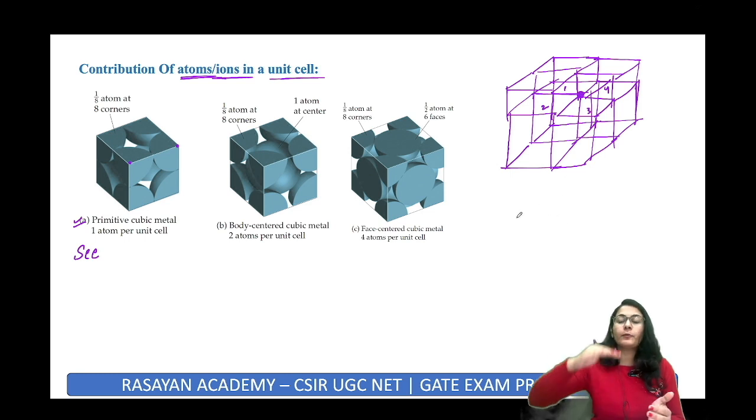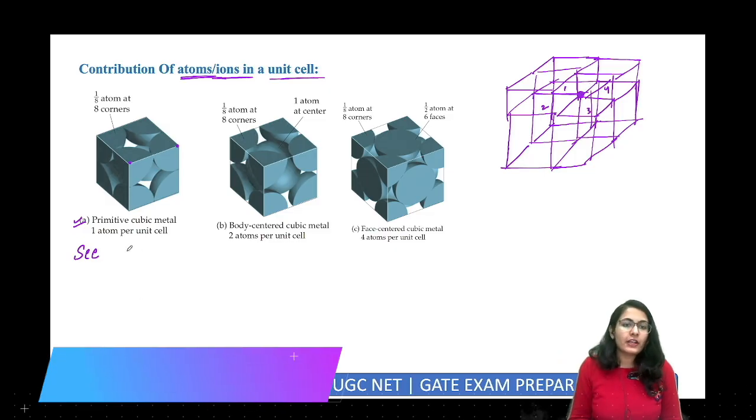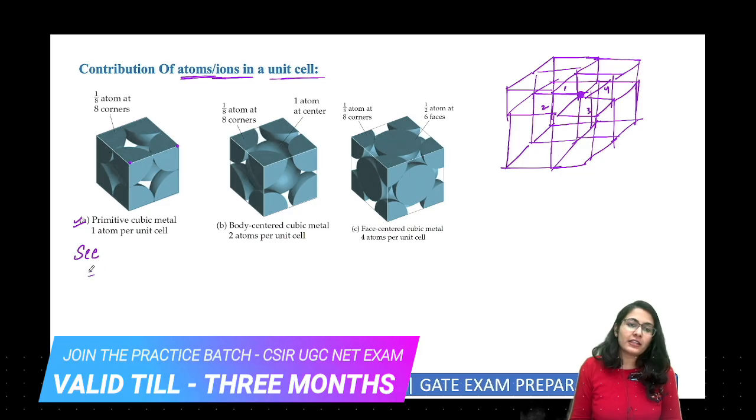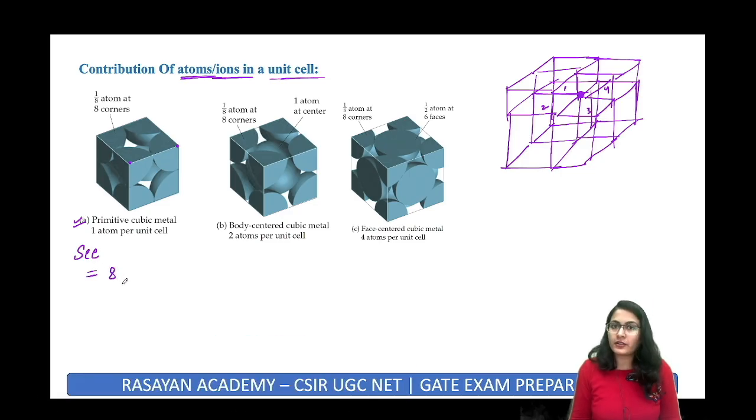So how many? 4 plus 4 is 8. So that corner atom is being shared by 8 unit cells. In the SCC you have 8 corners, and each corner atom or ion is shared by 8 different unit cells. So how much came into one unit cell? 1/8, isn't it? So this unit cell has 1/8 of the corner atom.